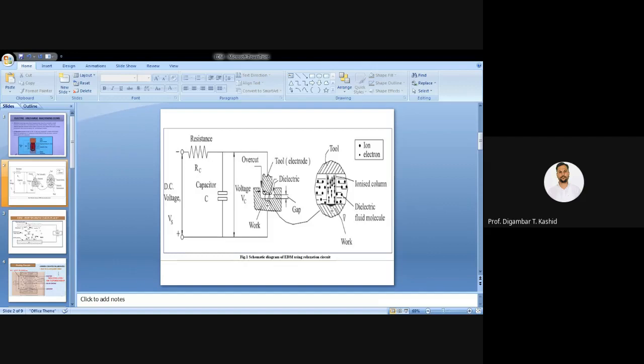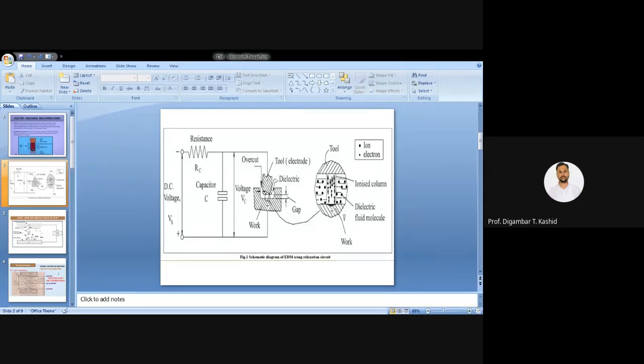Minimum resistance is there where there is a minimum inter-electrode gap, the gap in between your tool and workpiece. So where that gap is minimum, during the discharging, spark will happen due to the minimum resistance.